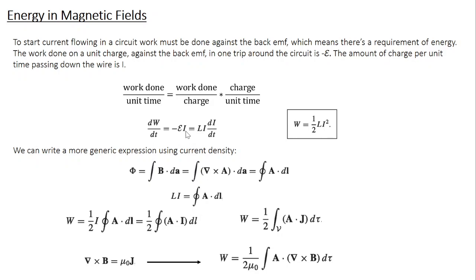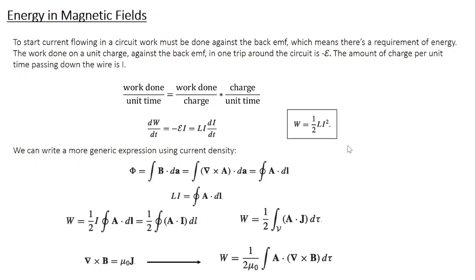Now from Faraday's law you can write EMF E equal to minus L into dI by dt. We have seen this result in the last class. So dW by dt equal to L into I into dI by dt. So work done is the integral of this, which is half into L I square.